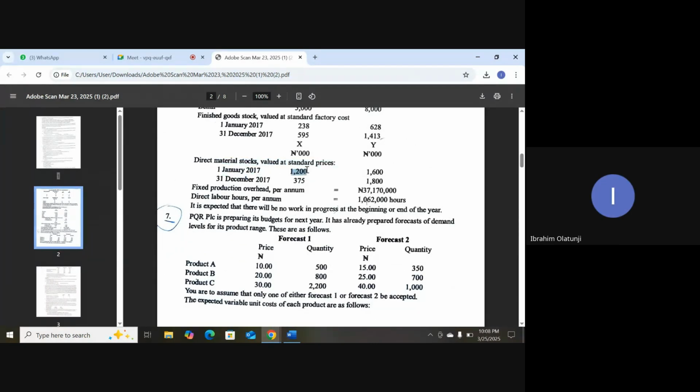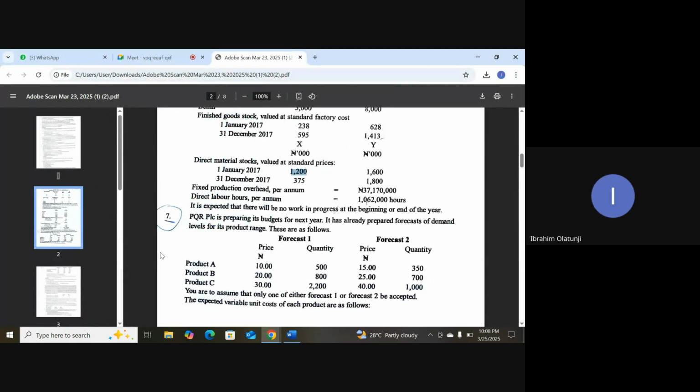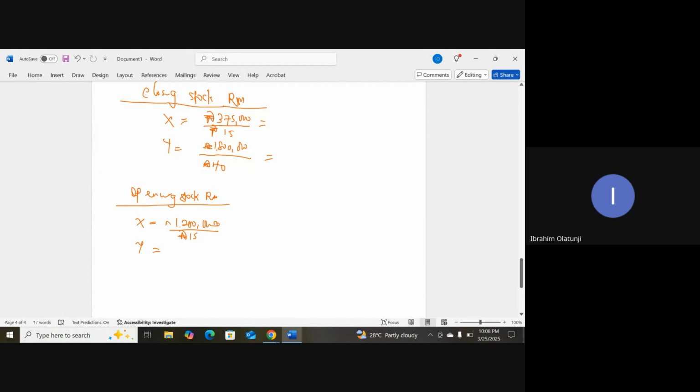For X, 1.2 million divided by 15 naira. For Y, 1.6 million divided by 40 naira. So what do you have?